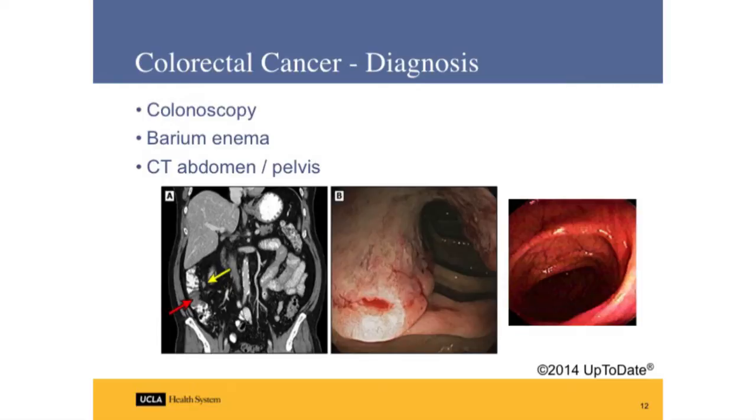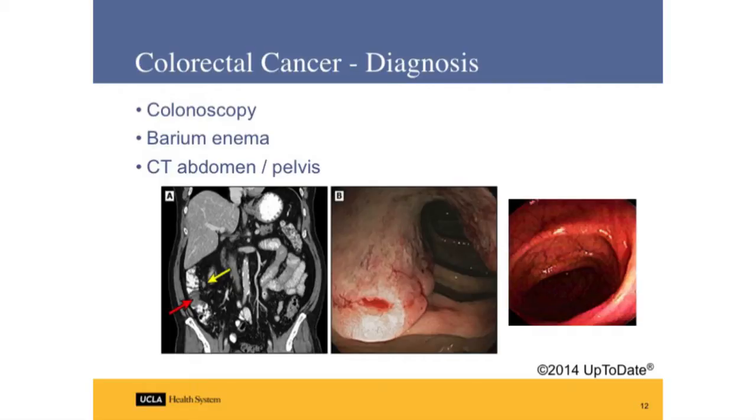Another test that's often done is a barium enema, in which a dye is inserted rectally, and then simple X-ray pictures are taken. And then a CT scan.